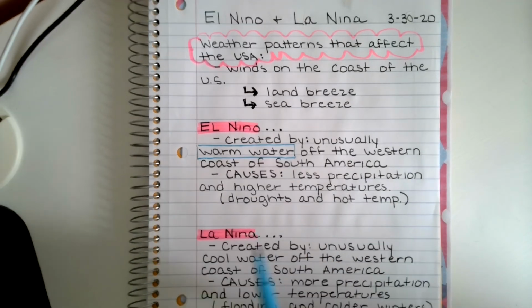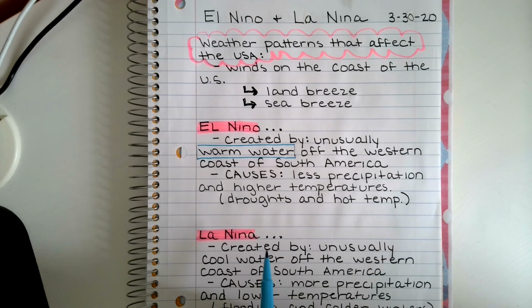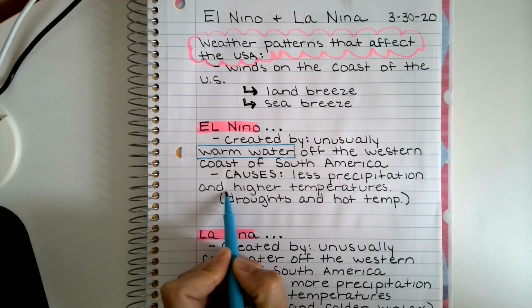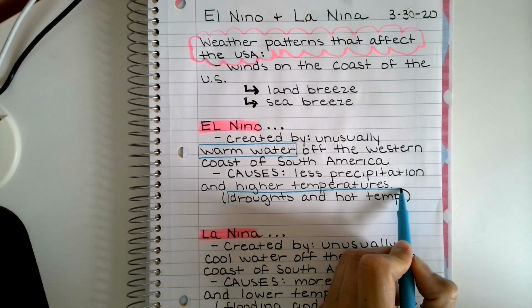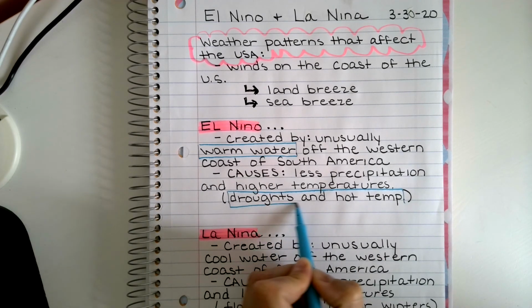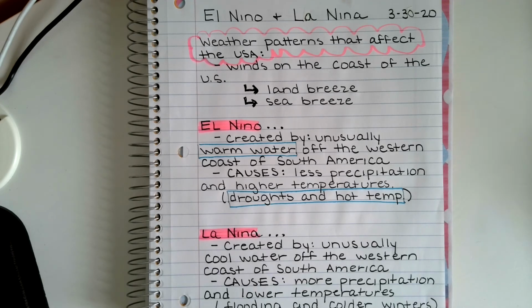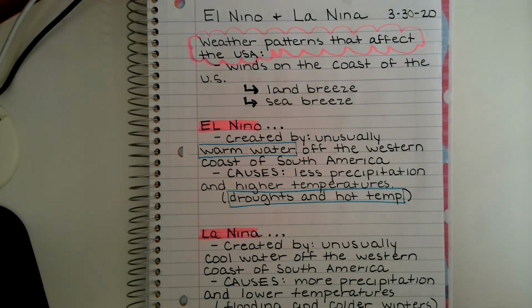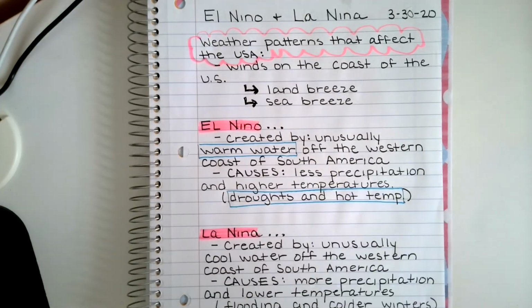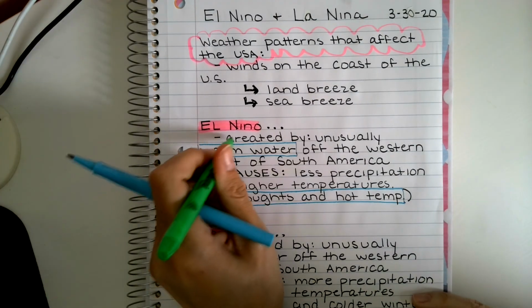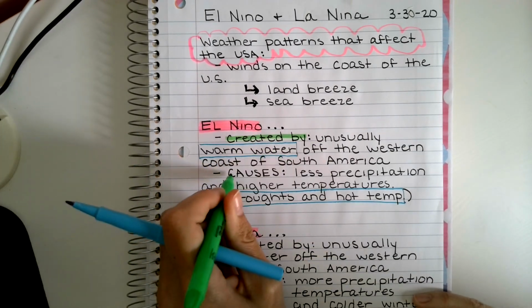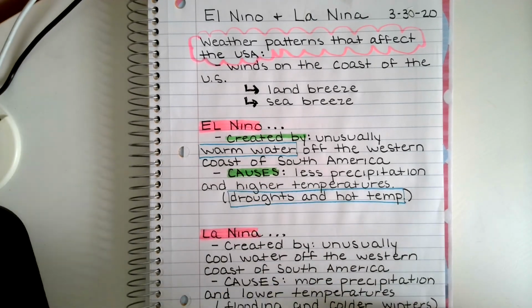It causes less precipitation and higher temperatures. So you get droughts and hot temperatures. Okay, so I'm also going to highlight created by, causes.